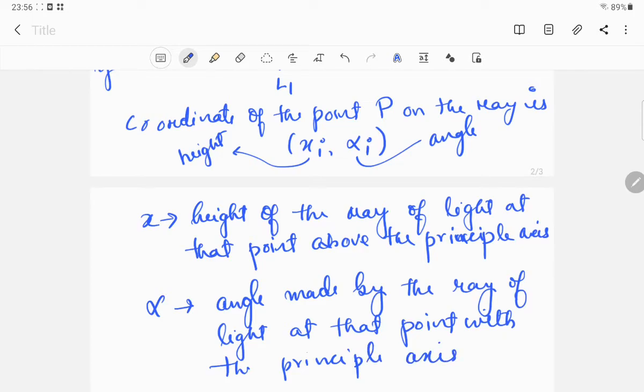Whenever I say at that point, that means at which point you are going to find the coordinate.